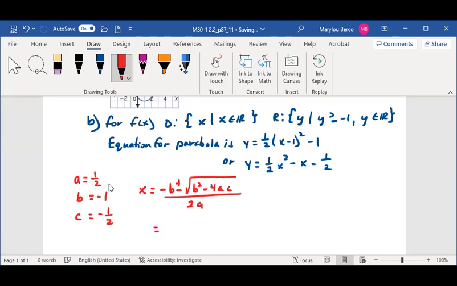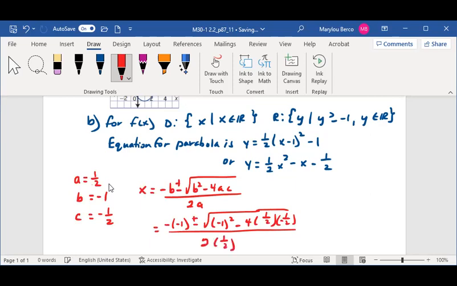So x is equal to -(-1) plus or minus the square root of (-1) squared minus 4 times 1/2 times -1/2, all over 2 times 1/2.